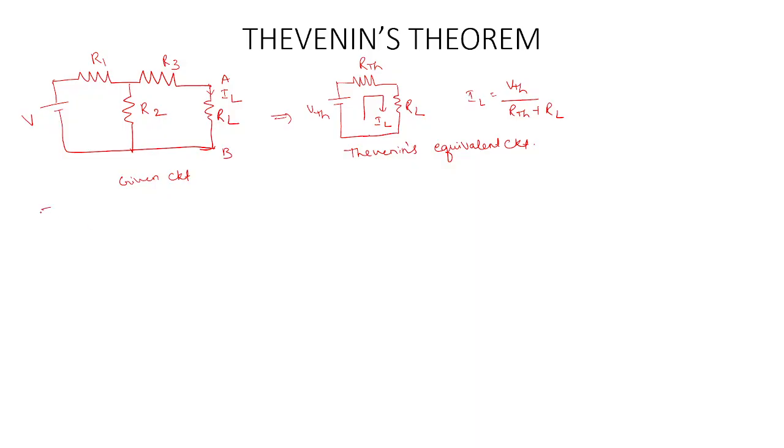In order to calculate the open circuit voltage, that is V Thevenin, we have to first remove RL.